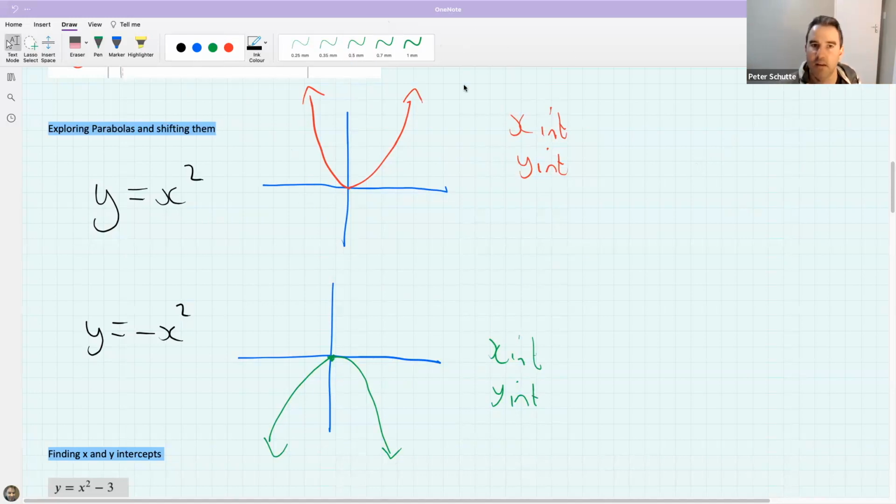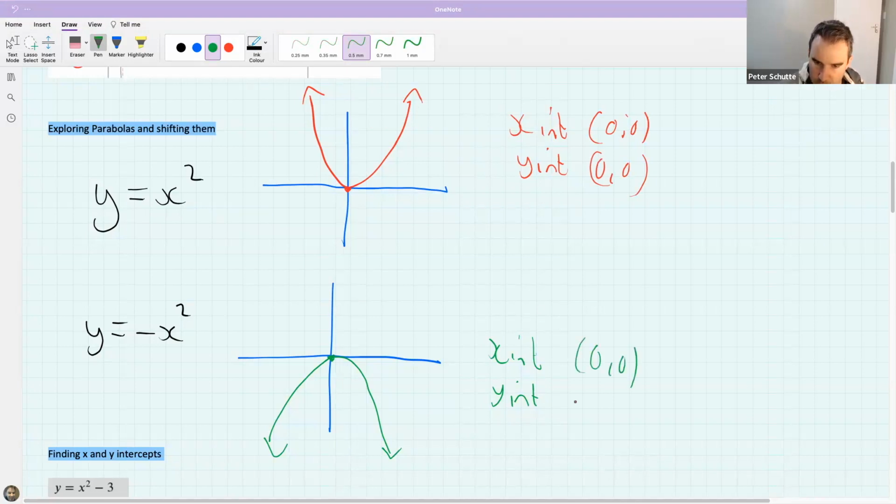Kuchotso, what do you think? Let me unmute Kuchotso. The x and the y intercept of the first graph is 0 and 0. Yeah. And even the second one is still 0 and 0.